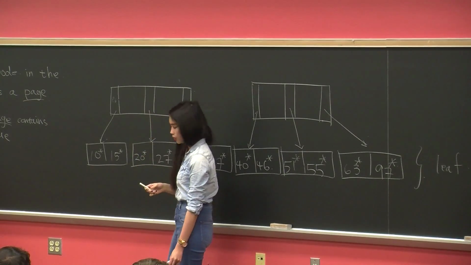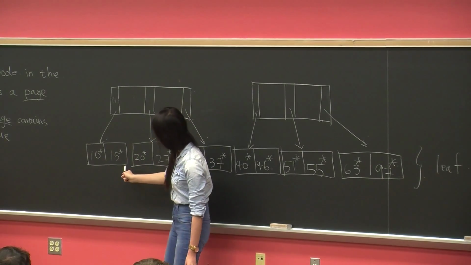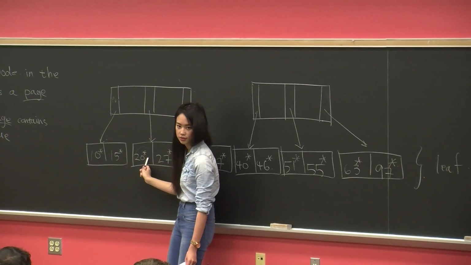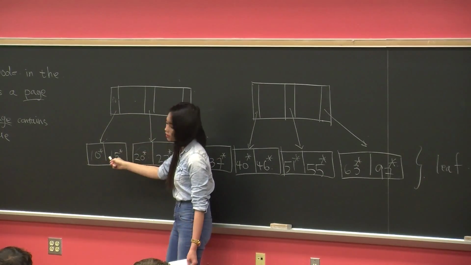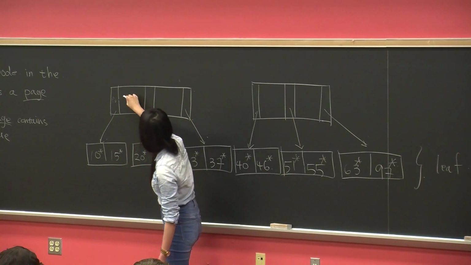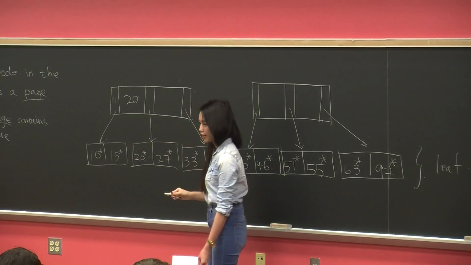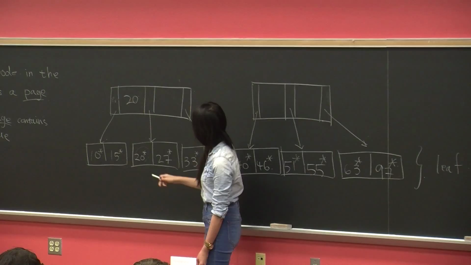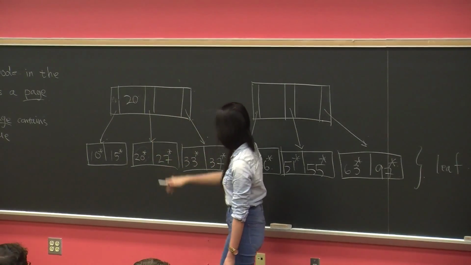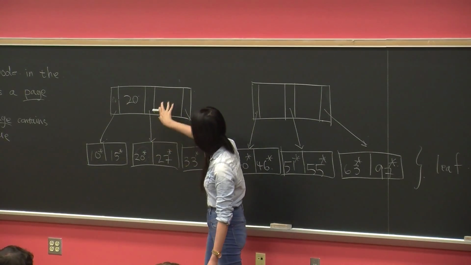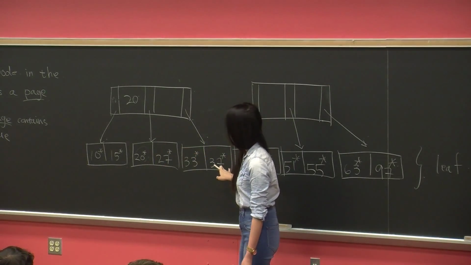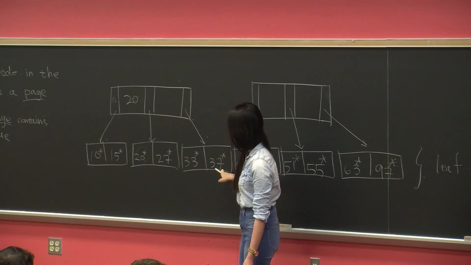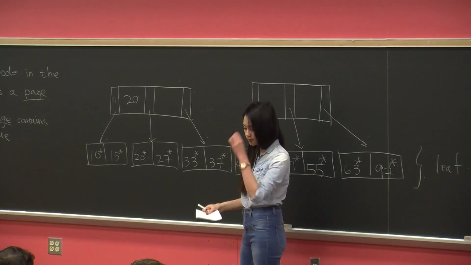The easiest way is to just take this value and put it up there, and for sure, all of them will be smaller. So you can put 20 right here. How about this one? It has to be between the range of these values and these values. What do you think?